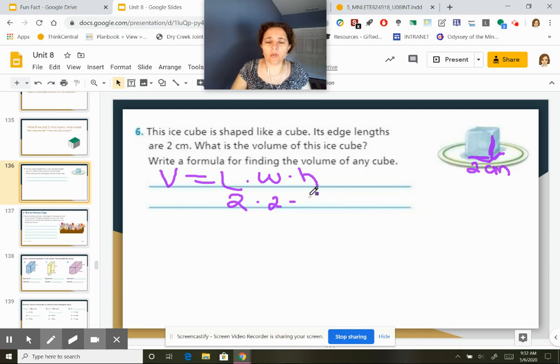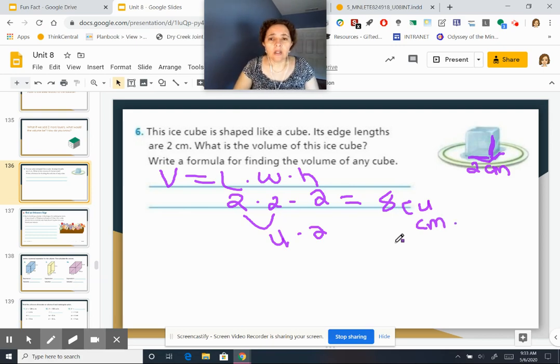My height would also be 2. You're correct. So that would equal 2 times 2, which is 4, times 2 more, which is 8. So it'd be 8 cubic centimeters. Remember, centimeters. Cubes, 8 cubic centimeters, okay? So that's a review from yesterday.